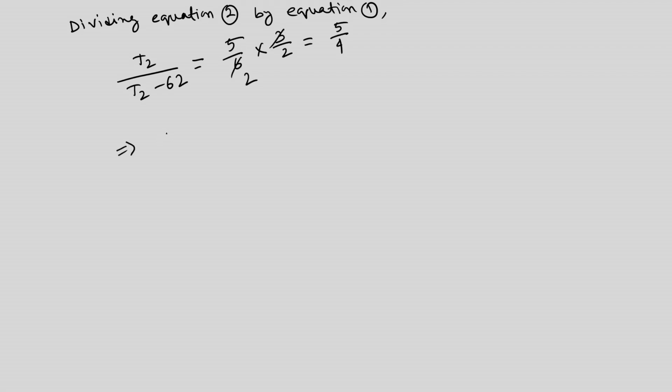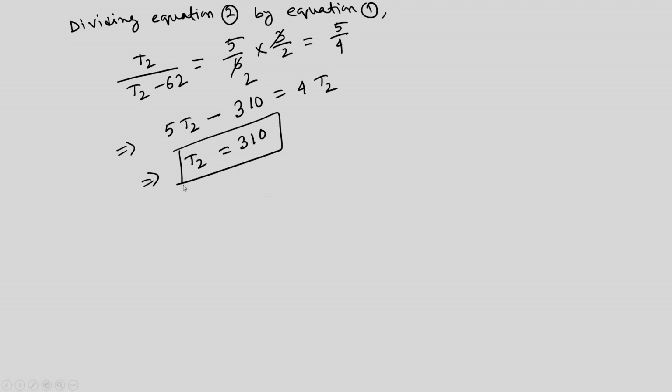So, we get 5 T2 minus 310 equals 4 T2. So, we get T2 is 310. So, this is the temperature of the sink.